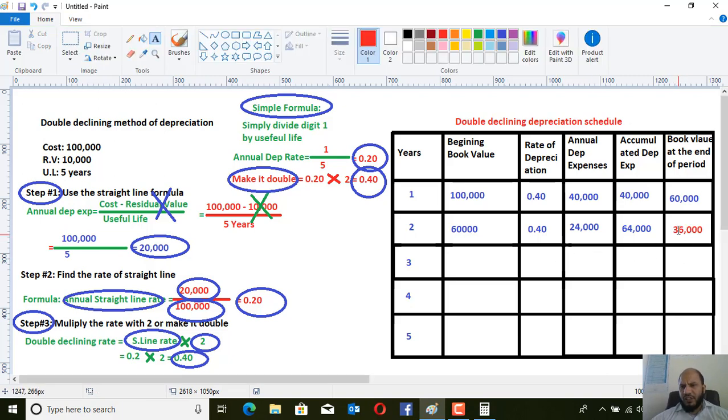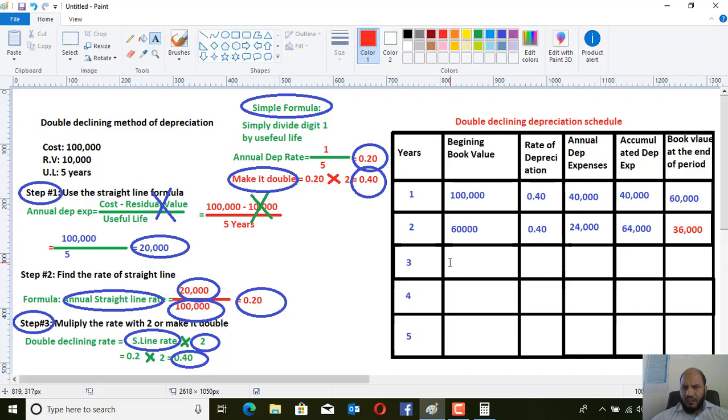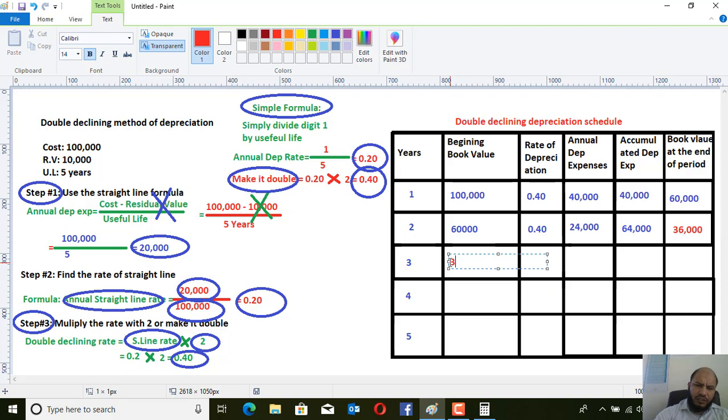Now again we will take this ending value and bring it to the next year's beginning value. So 36,000 is the next year's beginning value. Once again we will multiply this with the rate of depreciation.